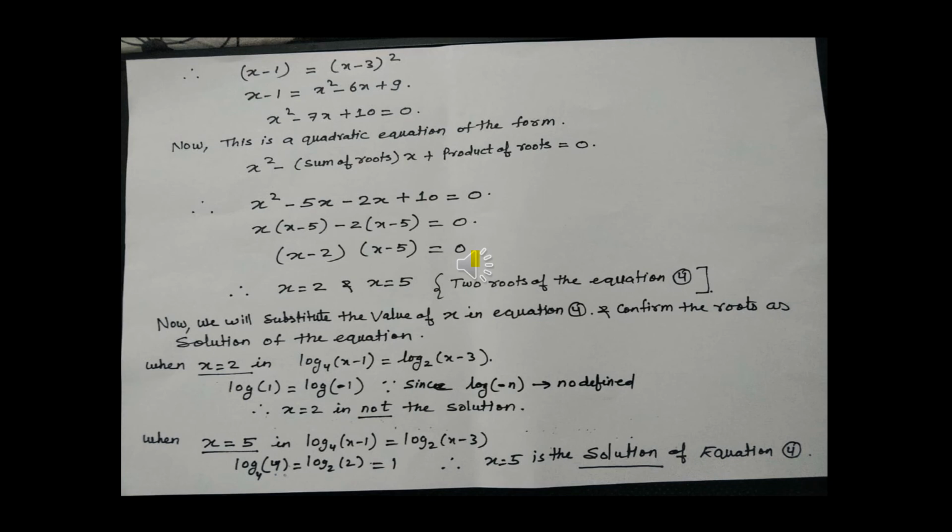Since the log of a negative number is not defined, x equal to 2 is not a solution to this question. And when we put x is equal to 5 in our question, we get log of 4 to the base 4 is equal to log of 2 to the base 2, that is 1. So x equal to 5 is the solution of the question.